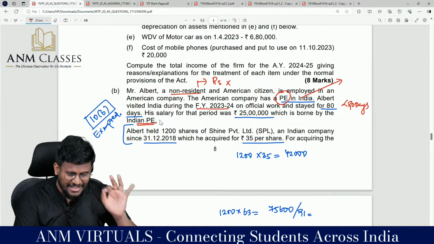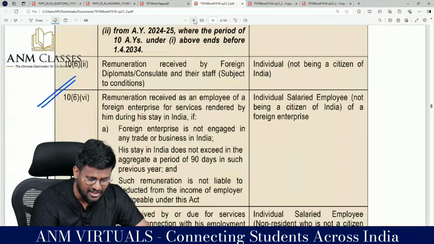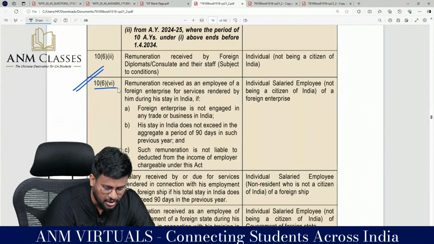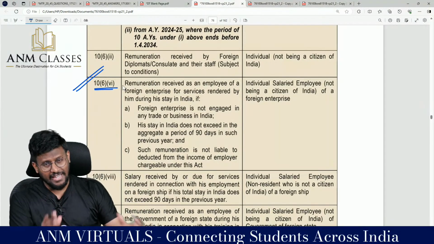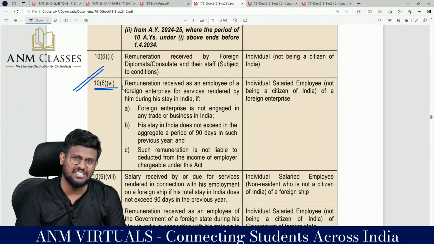So what indirectly, or rather directly, they are checking is, are you aware of section 10 subsection 6 clause 6? The entire exemptions which are applicable to non-resident we have discussed in the class.